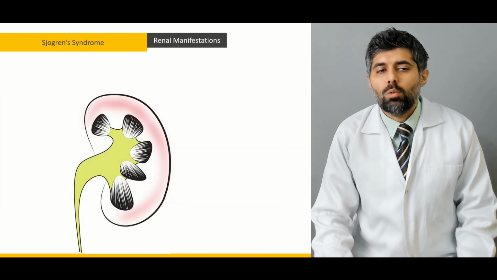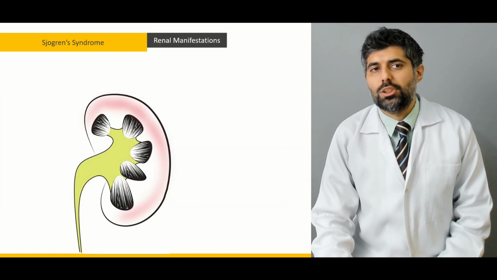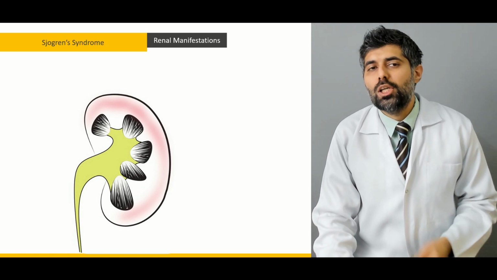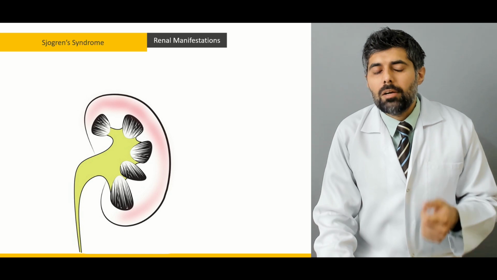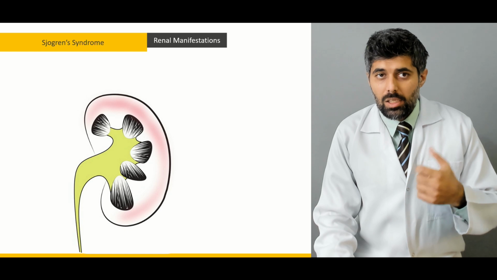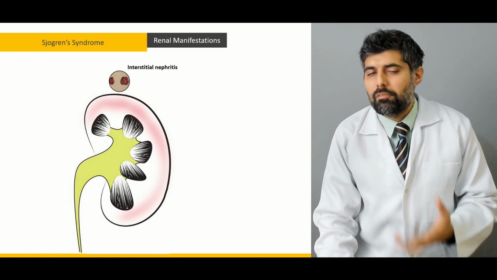Next, we are going to study the renal manifestations of the Sjogren syndrome. Now, the renal manifestations are usually localized, and because of the infiltration of the lymphocytes, this infiltration usually results in interstitial nephritis.